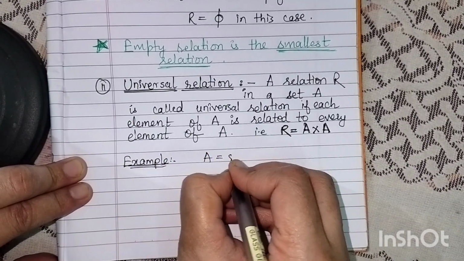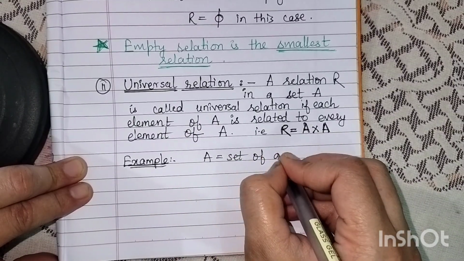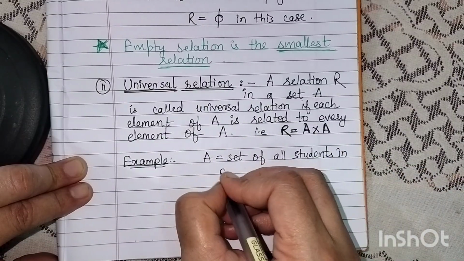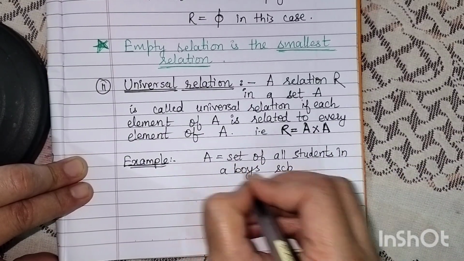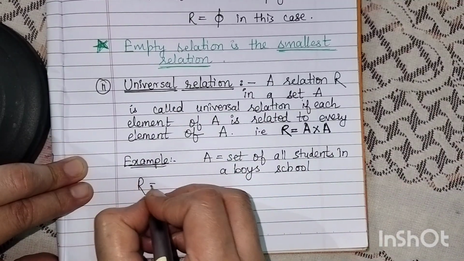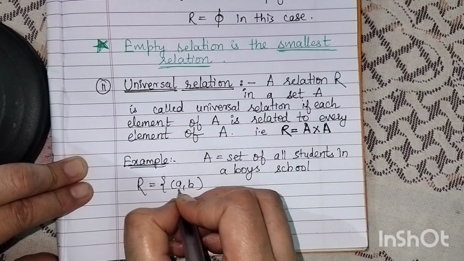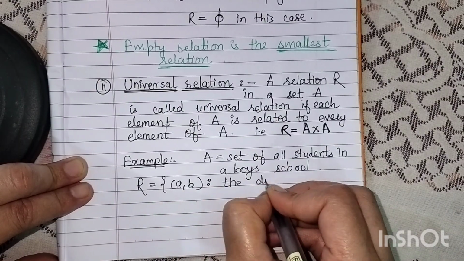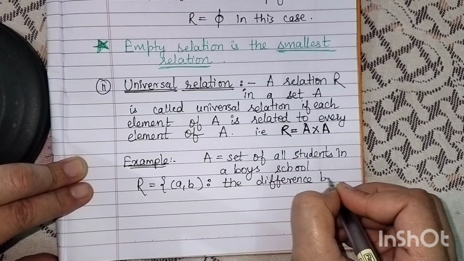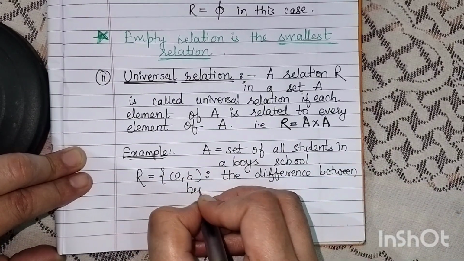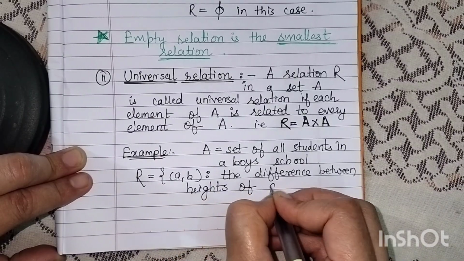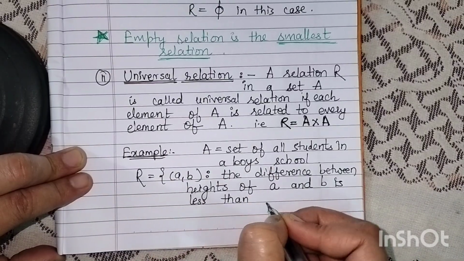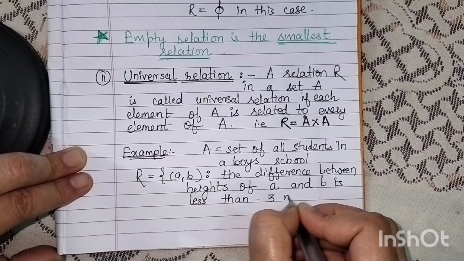So if you have A, which is equal to the set of all students in a boys school, and we will take a relation R on the elements a, b. That means these two, small a and b, are students. These two students are related if the difference between heights of this a and b is less than 3 meters.